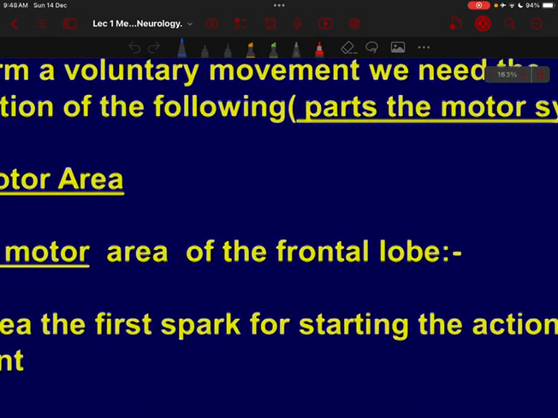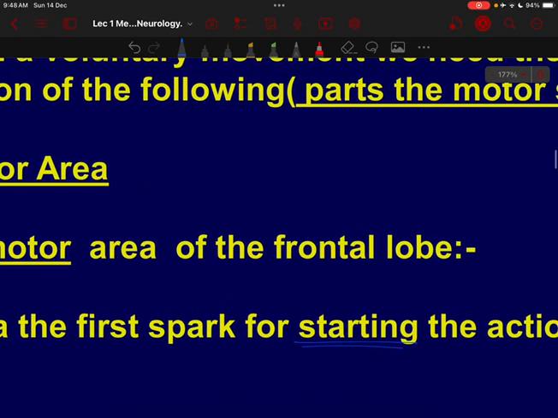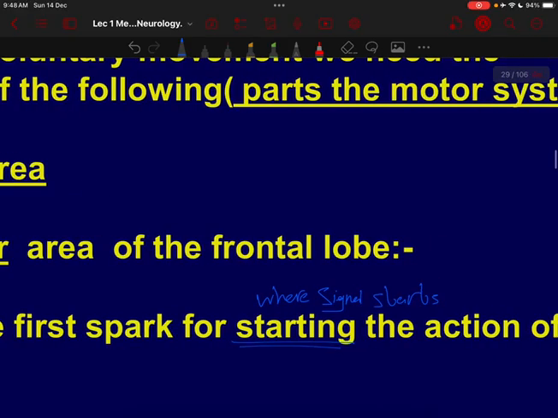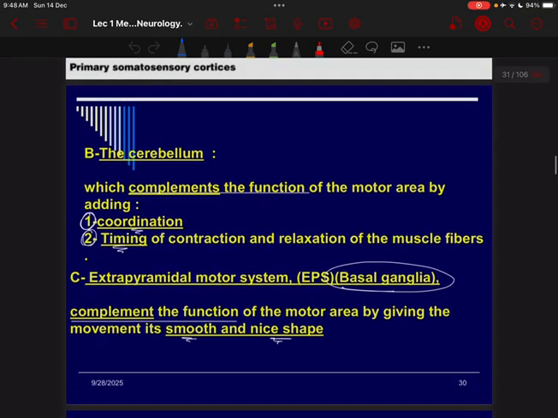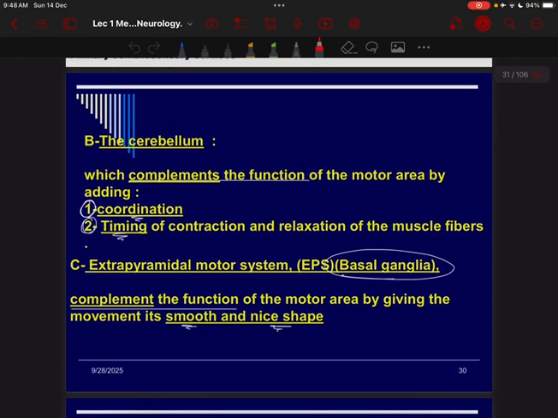So the group of cells of the motor cortex corresponds to any movement. That's the motor area, starting the motor signals to give the movement.